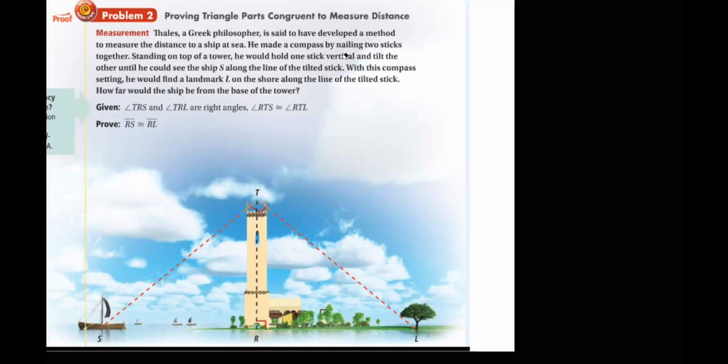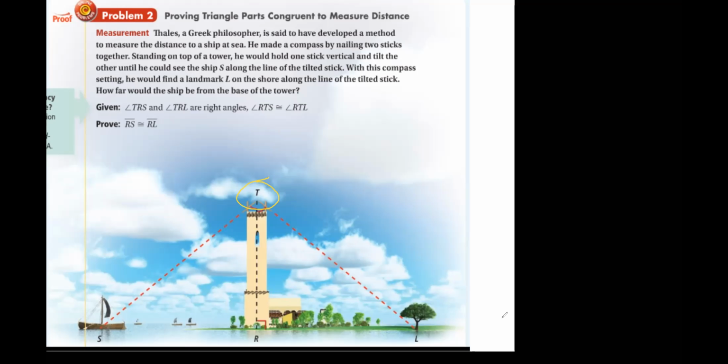He made a compass by nailing two sticks together, standing on the top of the tower. Standing on the top of the tower, he would hold one stick vertical and tilt the other until he could see the ship S along the line of the tilted stick.